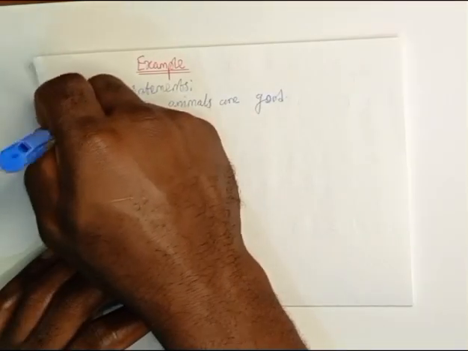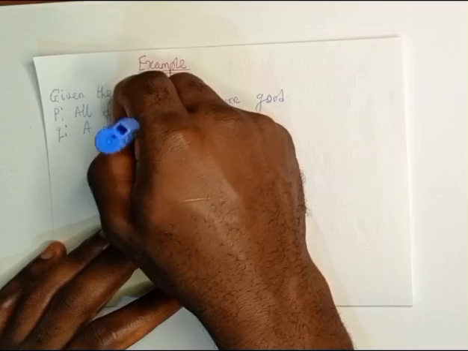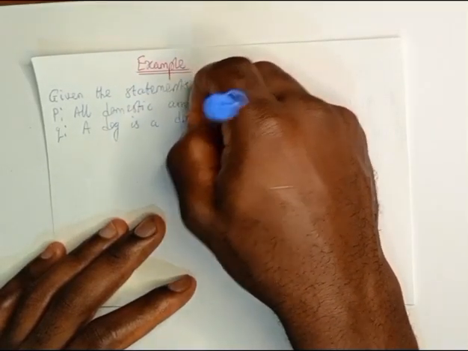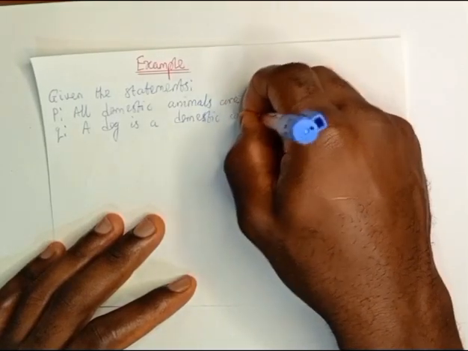The second statement Q, a dog is a domestic animal.